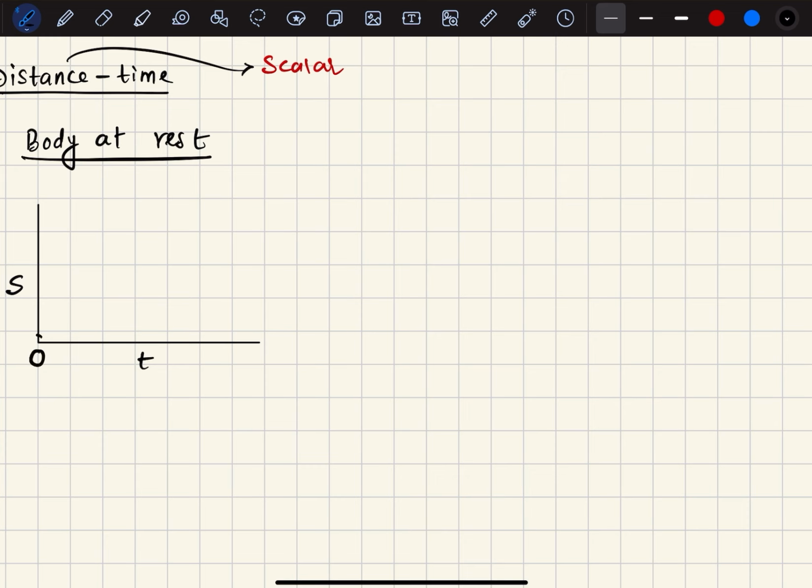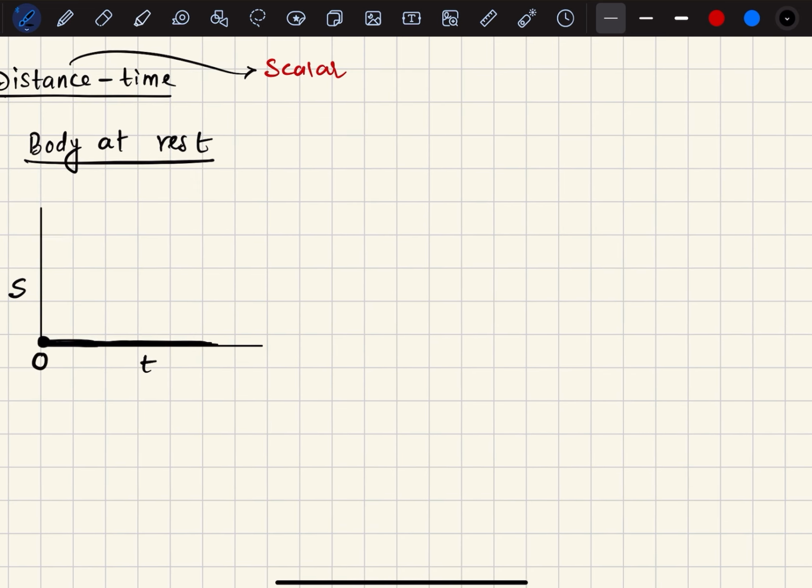If the body is initially at the position of the observer only, that means the distance of the body from the observer will be 0. So the body will start from here and the path of the body will be like this only, because the body is not moving. So if the body is not moving, the distance from the observer is 0, and definitely there is no change.